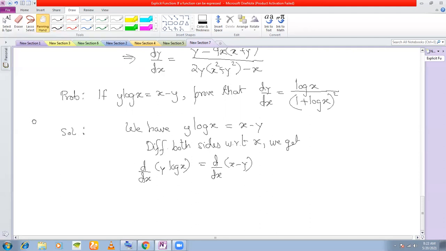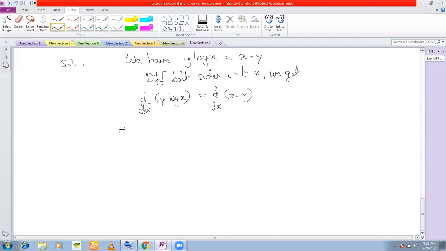Y log x you will differentiate by u into v rule. So you have y ddx log x plus log x into differentiation of y, right? Which is simply dy dx. Differentiation of y with respect to x is equal to ddx x minus ddx of y, means dy dx.